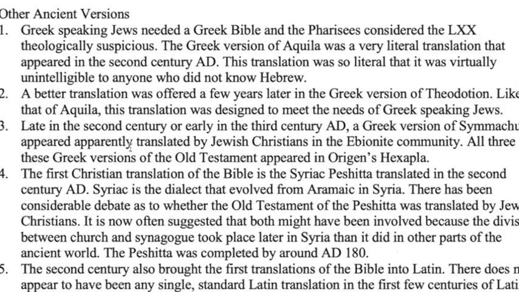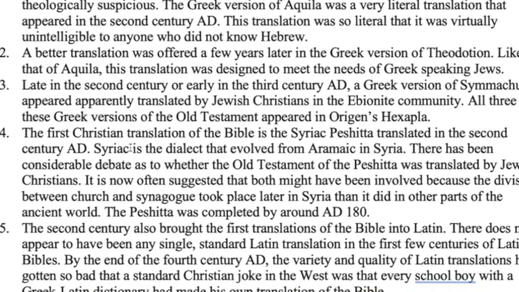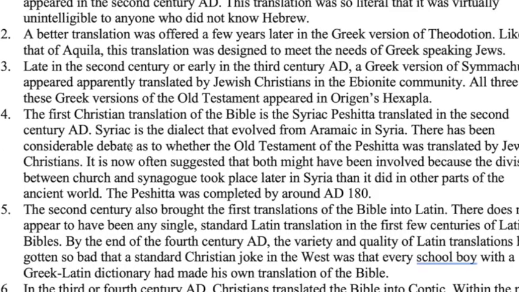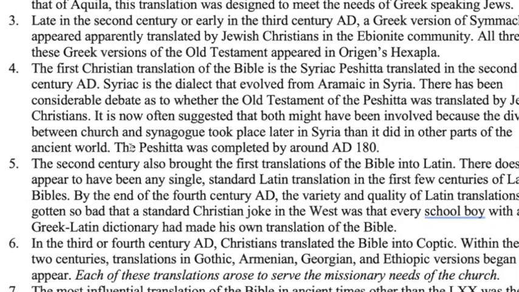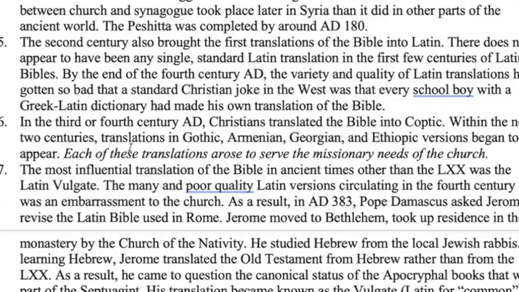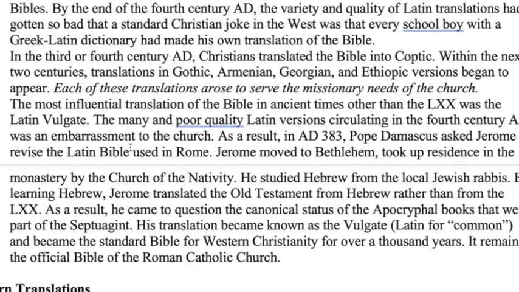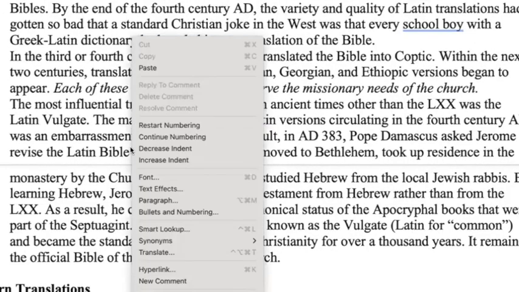Okay, there are other ancient versions that started to develop as the church and as Jews spread out. They translated the Old Testament and then later the New Testament into different languages. Some of those include Syriac in Syria. Eventually, the Bible was translated into Latin, and then other European languages.